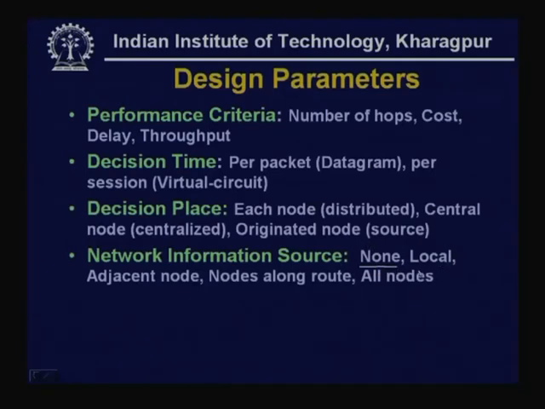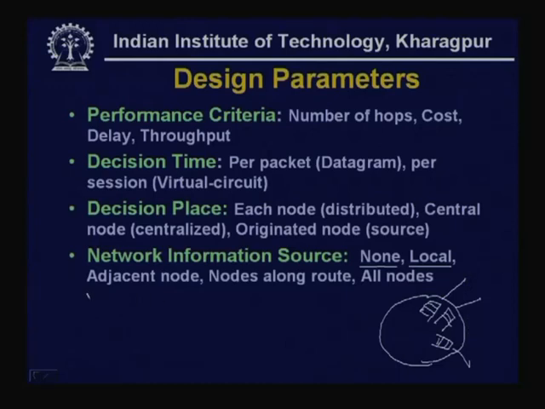In the second case, it may use some local information. For example, you have got a node and you have got say 3 links. So, the output queues, the queue length in each of these paths may be considered as the information that is being used for routing. So, in that case we call it local, it does not gather information from its neighbors or any other node.